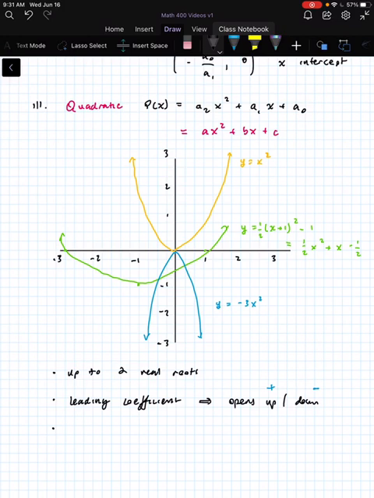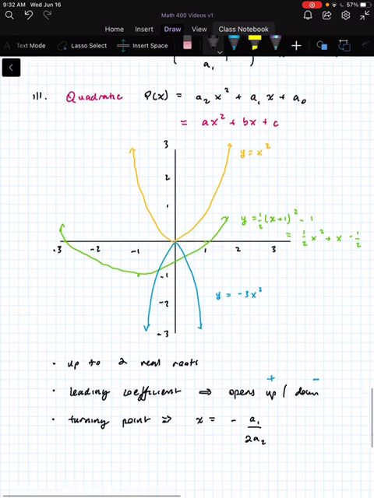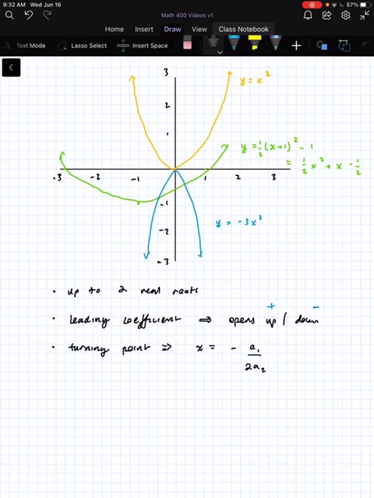And lastly, every parabola, and hence every quadratic function, has a turning point, where it changes from increasing to decreasing, or vice versa, which is explicitly given by x equals negative a1 over 2a2.